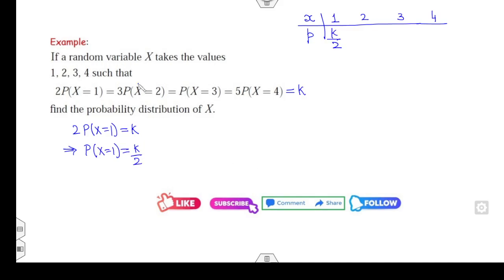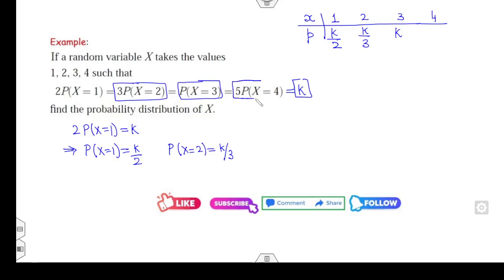Fine. If you compare the second part and the k, your probability at x equal to 2 will be k over 3. Similarly, for x is equal to 3 this number is k, and for the last case, x is equal to 4, this number is k over 5.